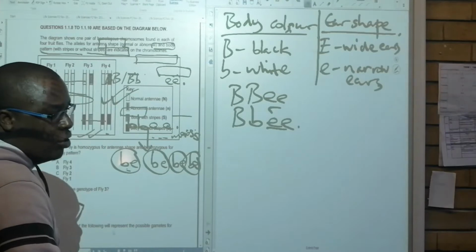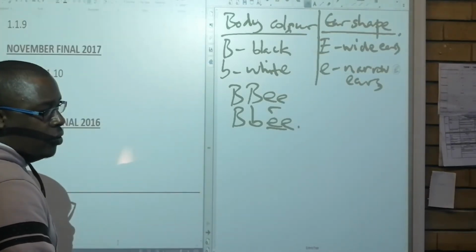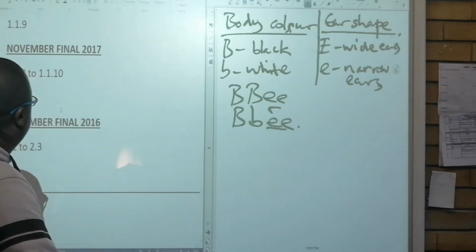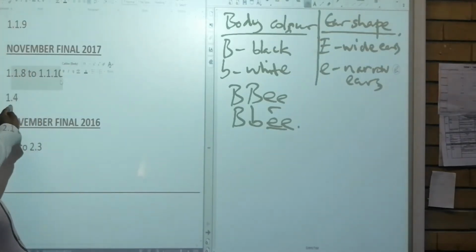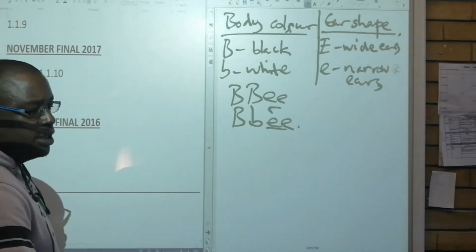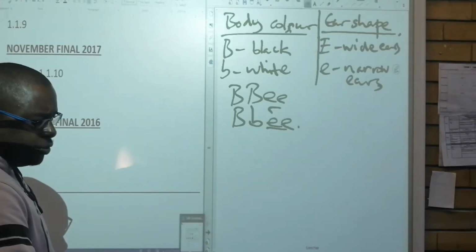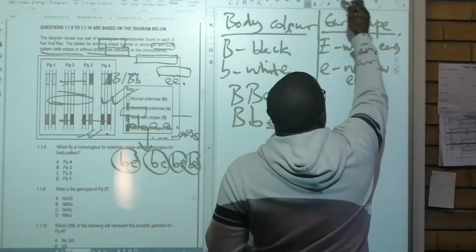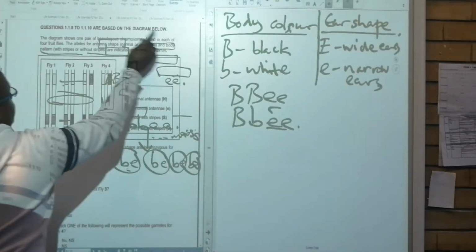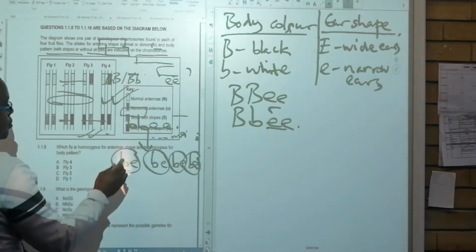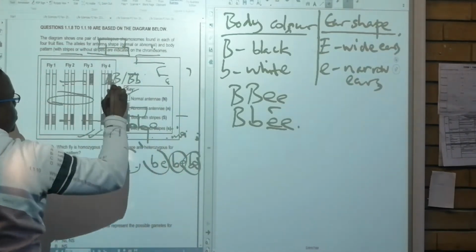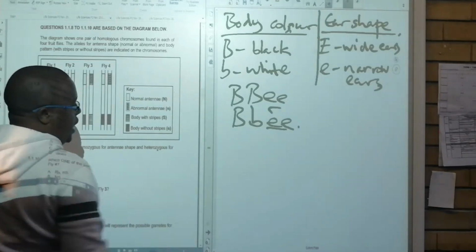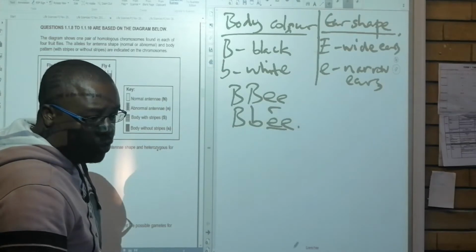And what are the questions that we're looking at? We are looking at 1.18 to 1.1.10 and 1.4. Let's start with 1.18 to 1.1.10. Right, there we go. Shall we remove this? Right. Let's continue.